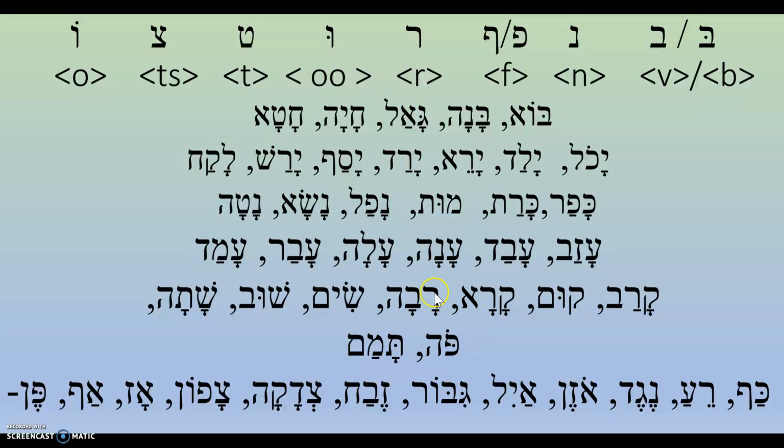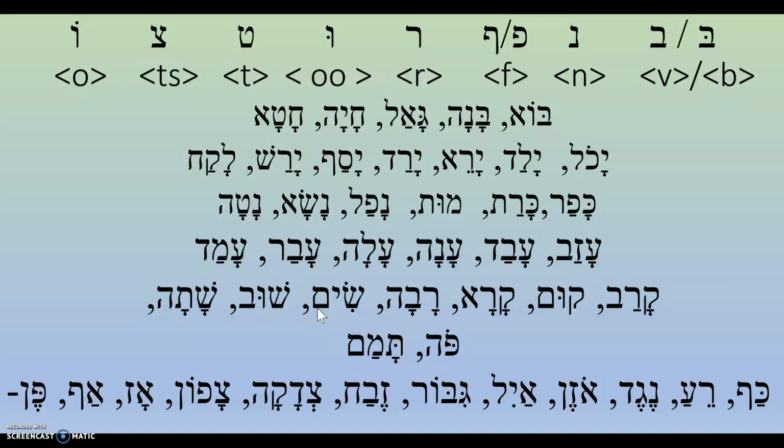Kara. Rava. Rava, to become numerous, great, to become great, to increase. Sim. While the yod in the middle is just a continuation of the hirik here, it's a long e, so sim.